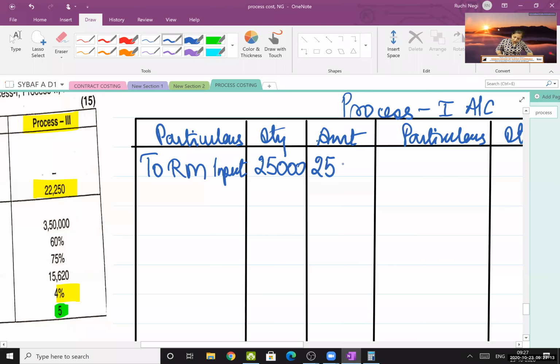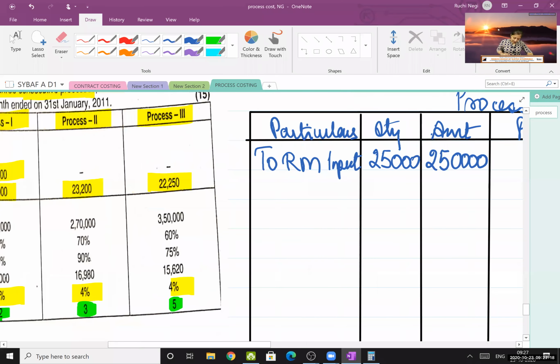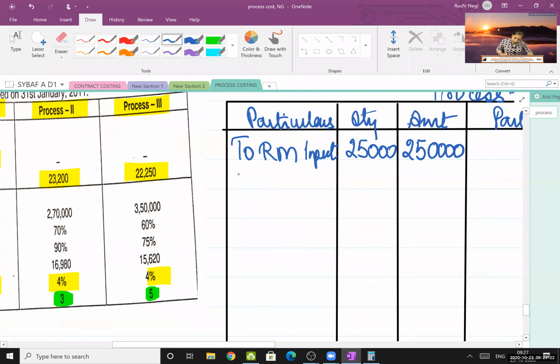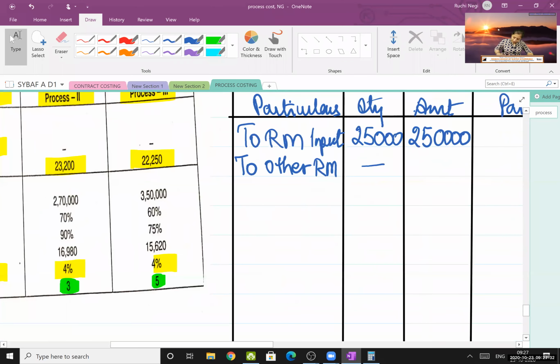So right here, 2,50,000. Next, process material 1,50,000. Next, two. You can write other material or you can write process material. It's up to you. Now, 1,50,000. So right here, 1,50,000.